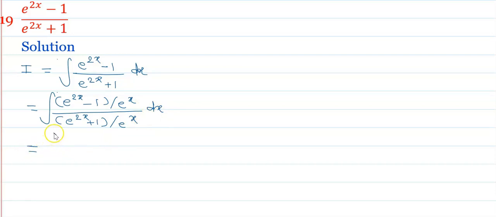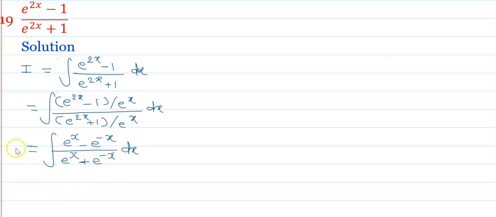This equals the integral of e raised to 2x minus 1 upon, splitting this, e raised to 2x upon e raised to x gives e raised to x, 1 upon e raised to x gives e raised to minus x, upon e raised to x plus e raised to minus x into dx.